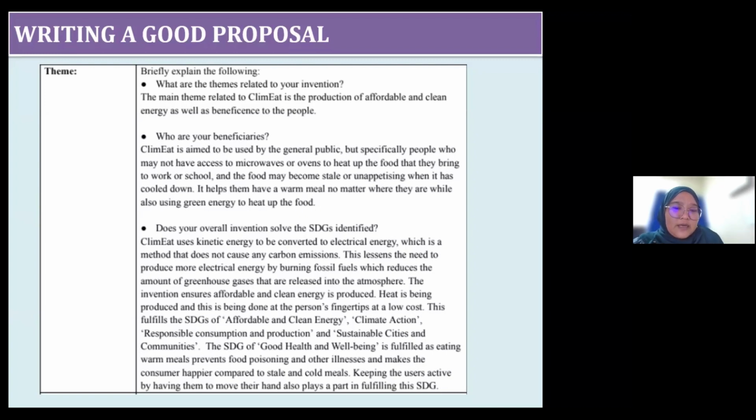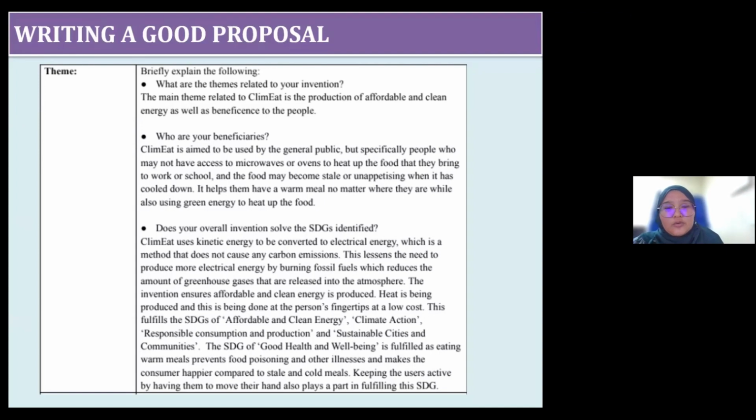They spell out that their invention uses kinetic energy and converts it to electrical energy, so it matches affordable and clean energy, climate action, and sustainable cities and communities. Plus it is about Clean Eat, so it is also about good health and well-being. So they managed to relate those identified SDGs with their invention.